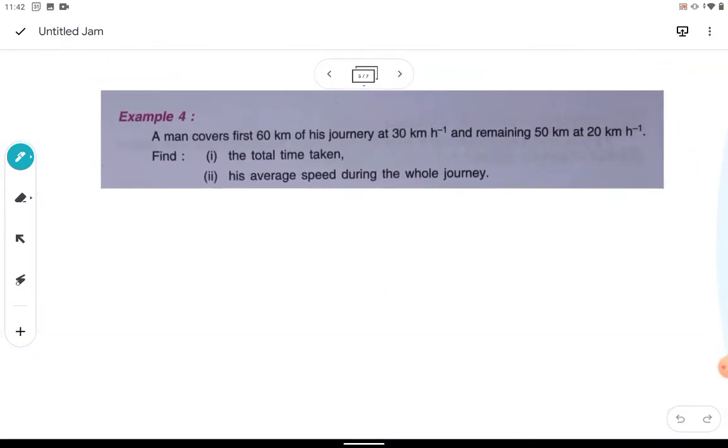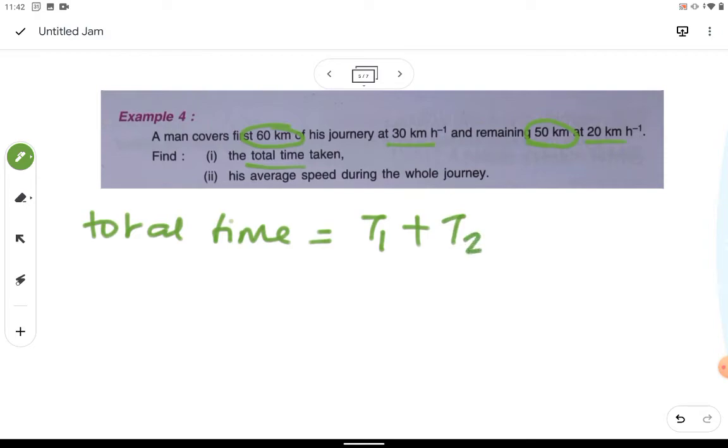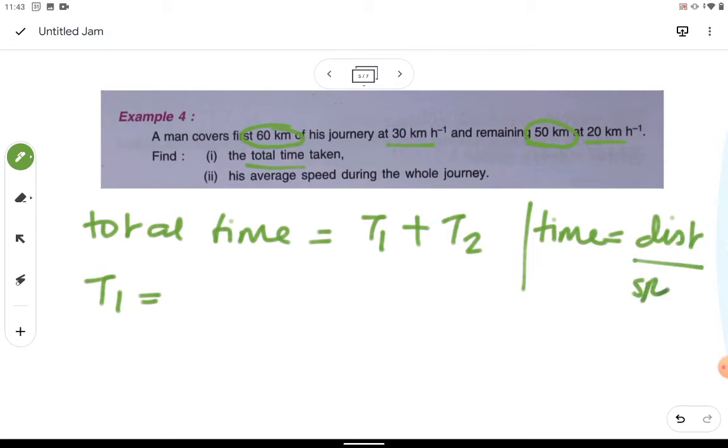Next question. A man covers first 60 km of his journey at 30 km per hour and remaining 50 km at 20 km per hour. Total time is basically first time interval t1 plus t2. t1 will be equal to, so remember the formula, time equal to distance by speed.